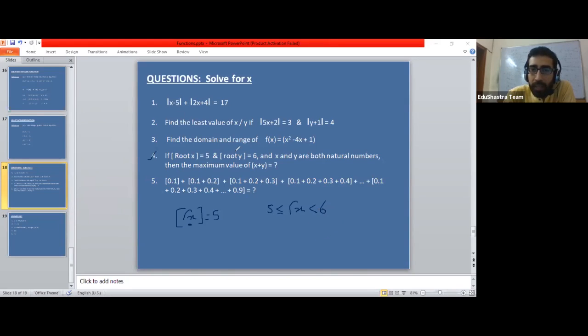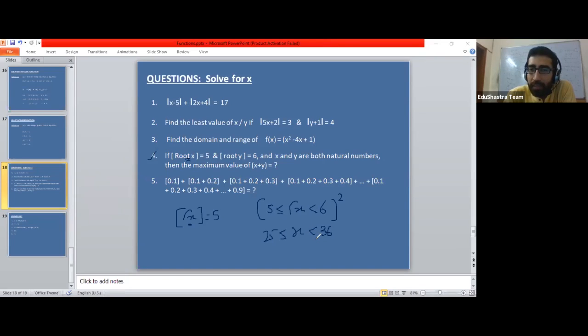Now, what does that tell us about x? If I square everything here, it tells us that x can be equal to 25. Under root of 25 is 5. But it cannot be 36. It has to be less than 36. X equal to 36 would have given the root of 36 as 6 and the greatest integer of 6 as 6, of course.